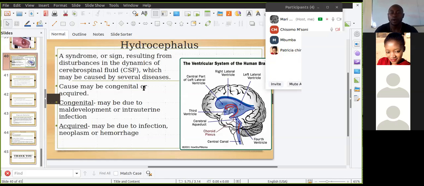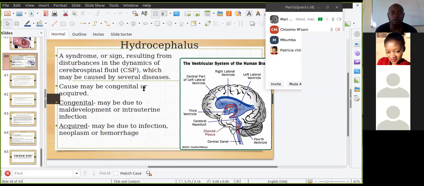Let us look at the last part of today's presentation on congenital malformation abnormalities, which is hydrocephalus. Hydrocephalus is a syndrome or a sign that results mostly from a disturbance in the dynamics of the cerebrospinal fluid, which may be caused by several diseases.